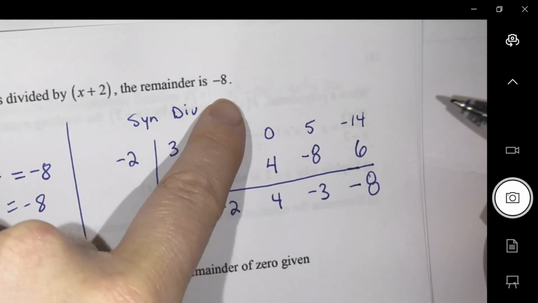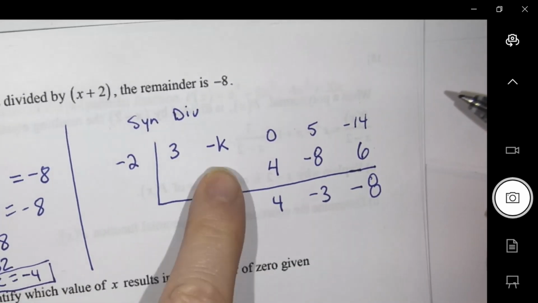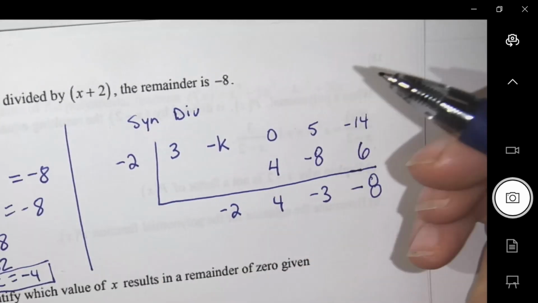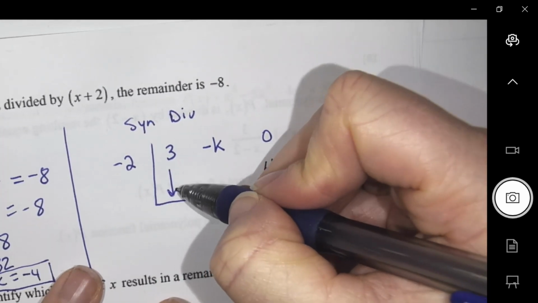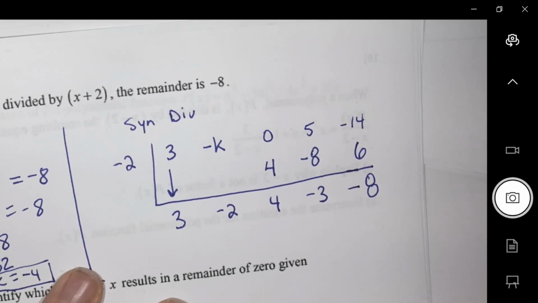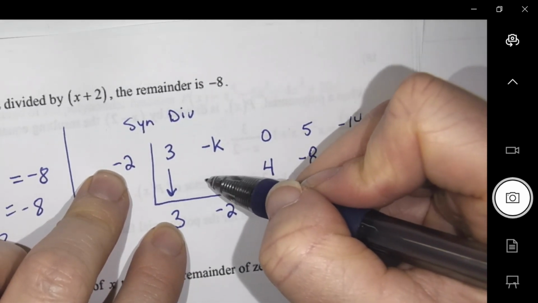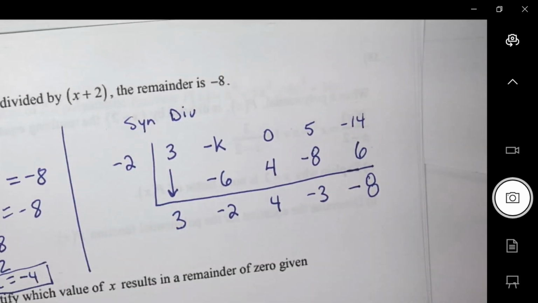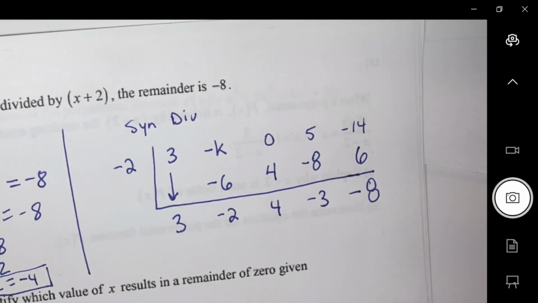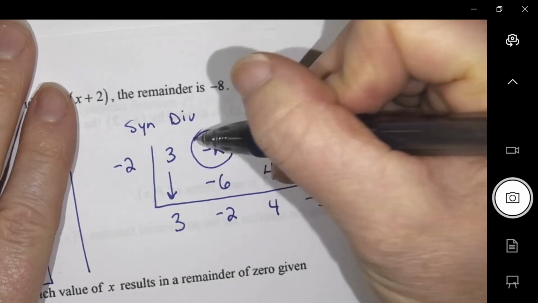Okay, I can't finish that. So I'm going to work a little bit from the front because I know this would have been pulled down. So if that's pulled down, this would times 2, negative 6. This is super awkward.